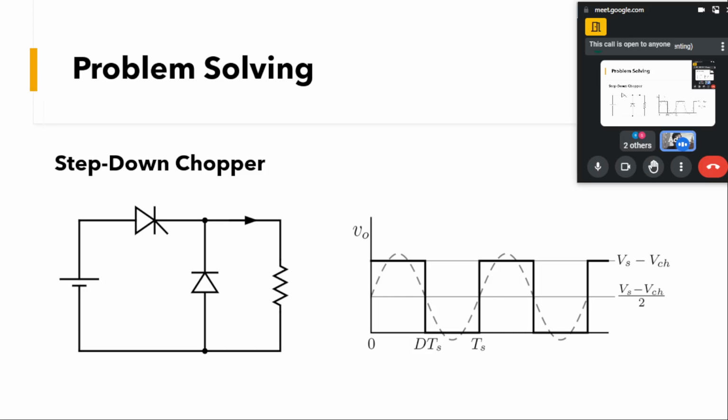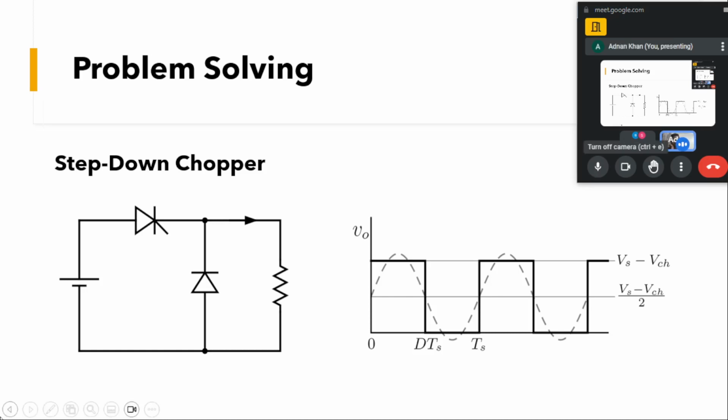It will depend on whether we have half wave symmetry; if we do, there won't be any even harmonics. As this square wave is made up of different harmonics, one major component will be the fundamental.